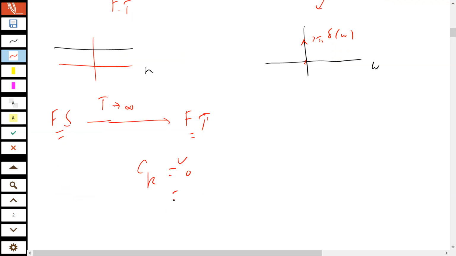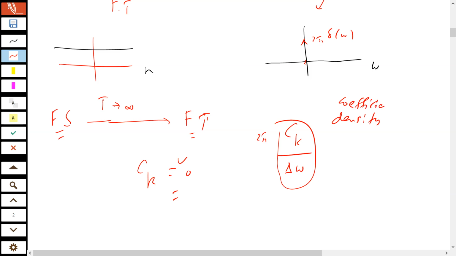And to avoid seeing the zero every time, we divided that ck by some frequency, omega. I think there was this 2 pi as well. So it was actually the density of those coefficients. You can think of it as not the coefficient, because all the coefficients become zero, but coefficient density. And density means per unit frequency interval.